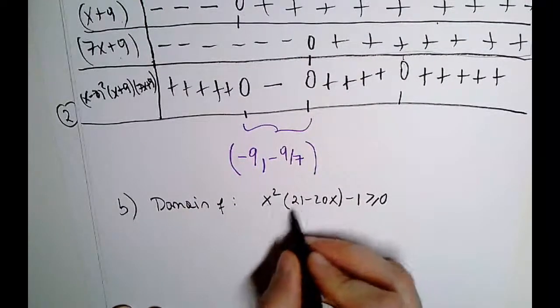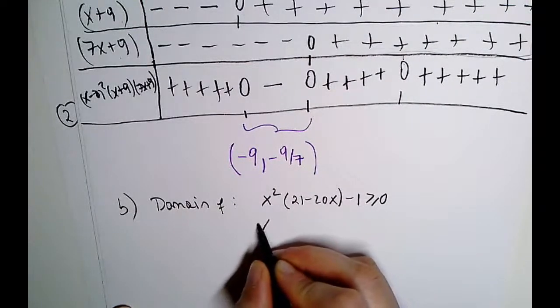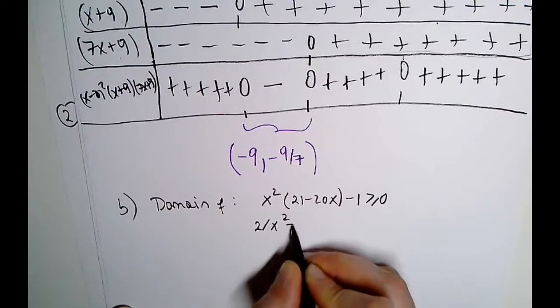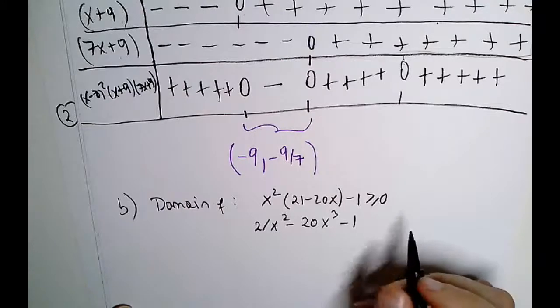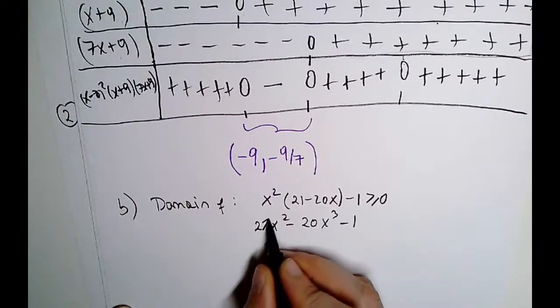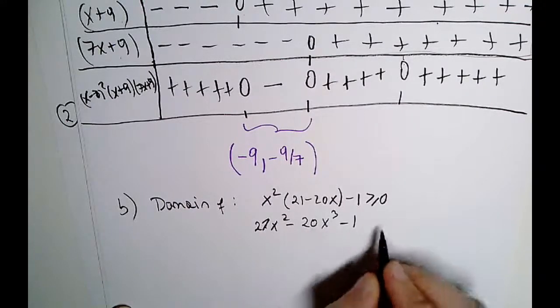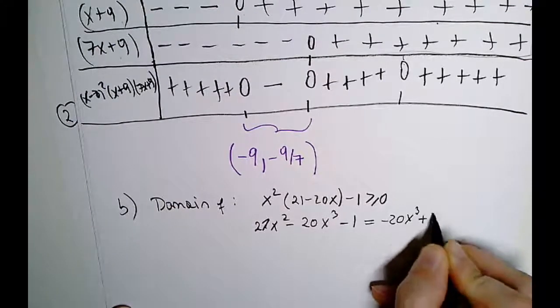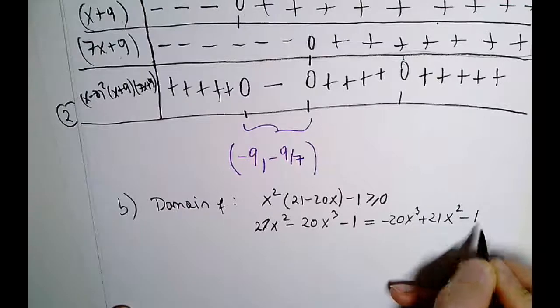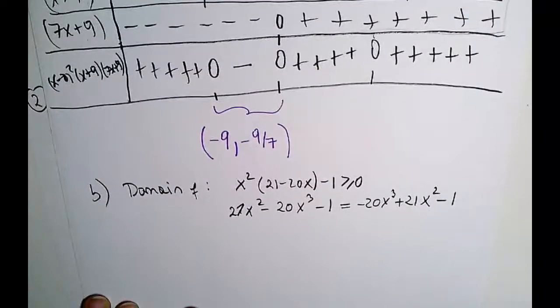So I'm going to distribute the x squared, so it's going to be 21x squared minus 20x cubed minus 1. To factor this, first let's write it as negative 20x cubed plus 21x squared minus 1. This one is kind of tricky.